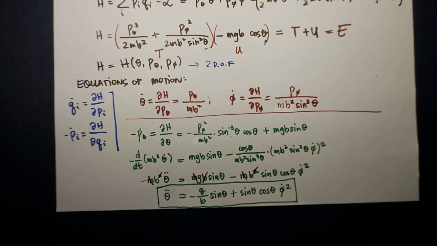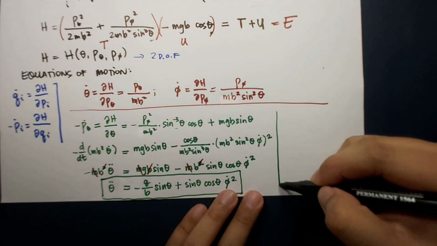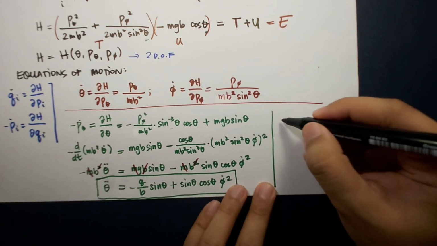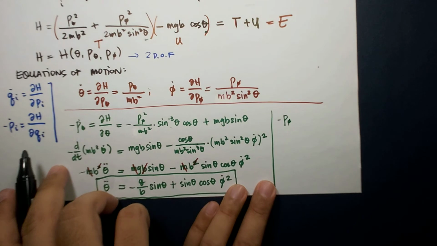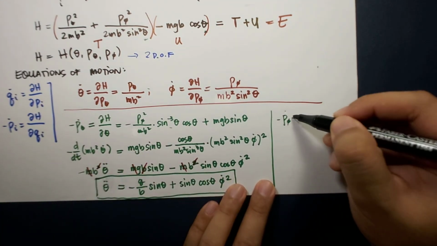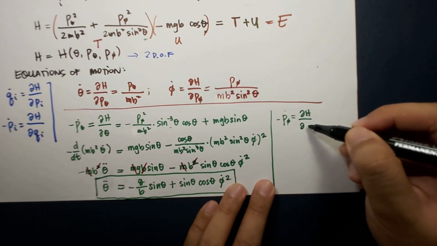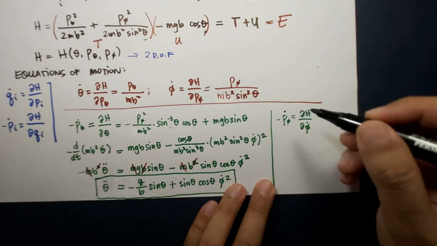Okay, now let me write it here. For theta, so this is negative. For the phi component, so that's negative p phi dot equals derivative of h with respect to phi.